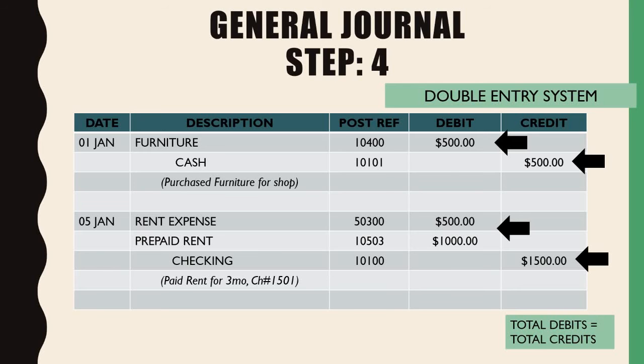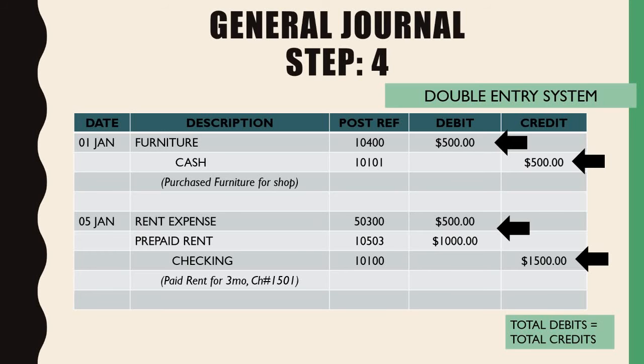And down below, I said I paid rent for 3 months. And here I even put a check number, okay? This is proof of a transaction, but also this identifies the value of my money and how I'm putting them into my accounts, okay? And at the end of your journal, your goal is to make sure that your total debits equal your total credits.